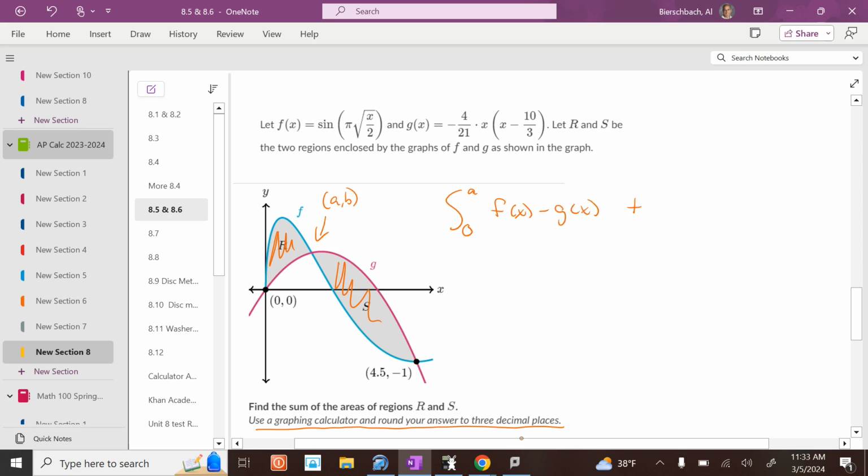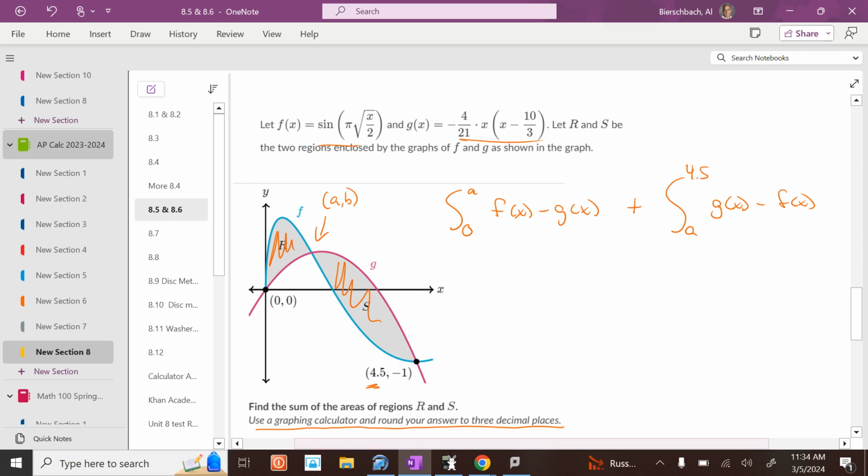And then we're going to add on to it the integral from A to 4.5, because that's the x value here. A to 4.5 of the top, g of x minus f of x. Okay? They give us the f function and the g function. Okay? What we need to do is figure out where A is.